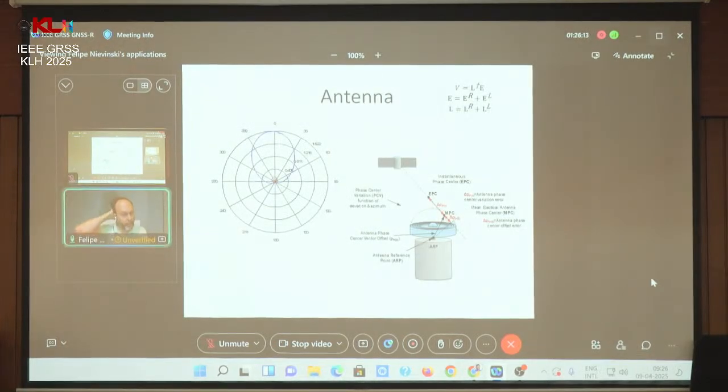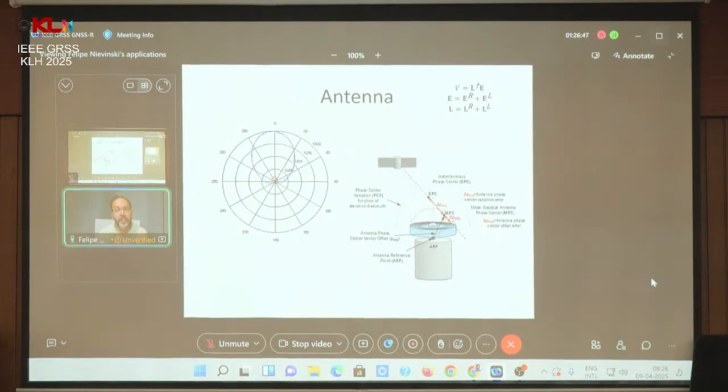Now, the antenna plays a major role in selecting which of the two polarizations will get accepted. You start with an electric field that is a vector quantity, because it has the right-handed and left-handed components, and then the antenna has an electrical length that is also a vector quantity, and these act as weights.